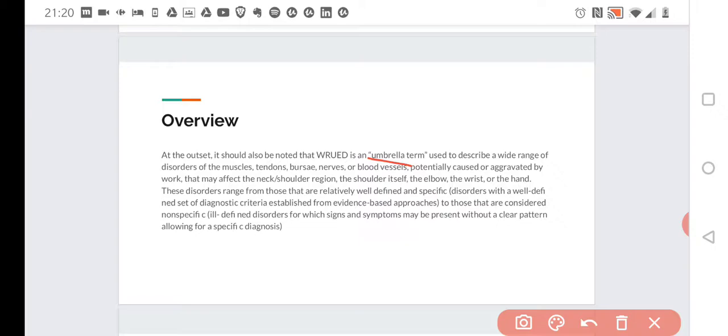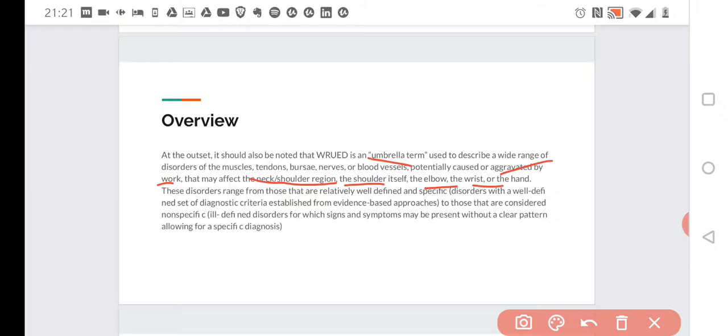And generally, the conditions of those different structures are aggravated by work and may affect the neck, shoulder region, the shoulder itself, elbow, wrist, the hand. So all of the upper limb and the structures around.